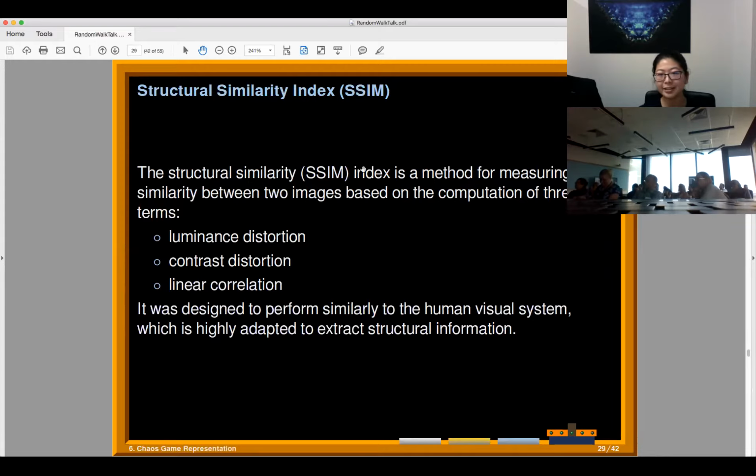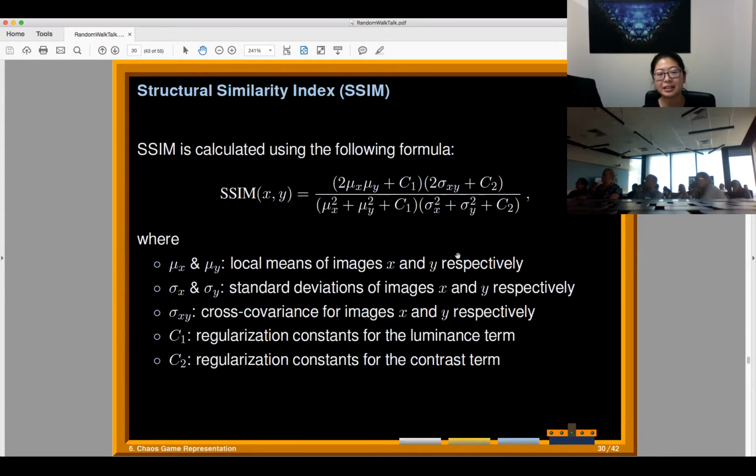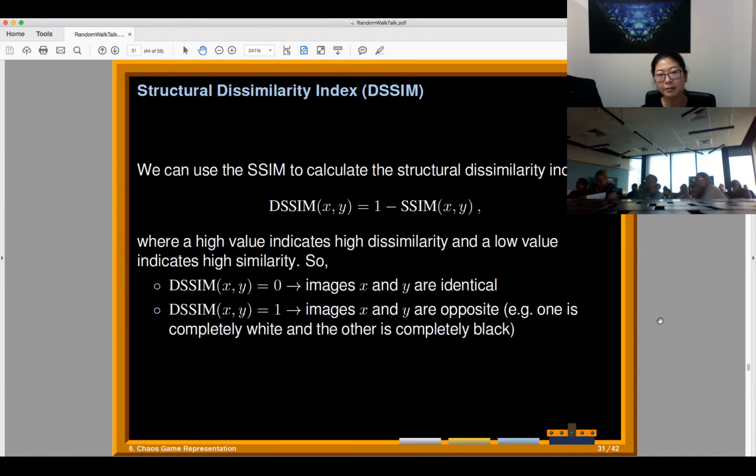So here is the equation. I'm not going to go too much into it, but you can see that we have some terms for luminance and contrast and so on. However, in this case, we want to take the dissimilarity index, because we want to map the distance between the two species, meaning that we need to find their differences.